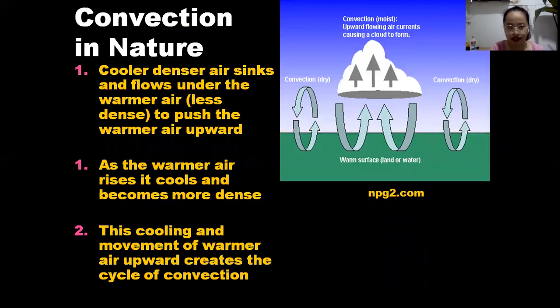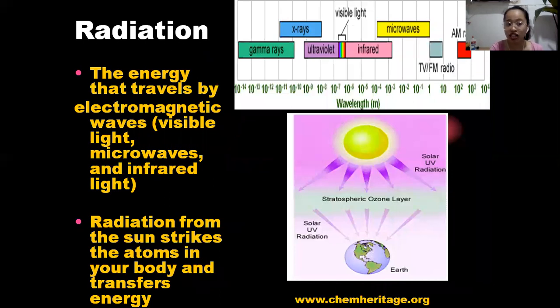Okay. And we have also radiation. When we are talking about radiation, it travels by electromagnetic waves. For example, I know you're very familiar with this one because we already discussed it: visible light, microwaves, and infrared light.